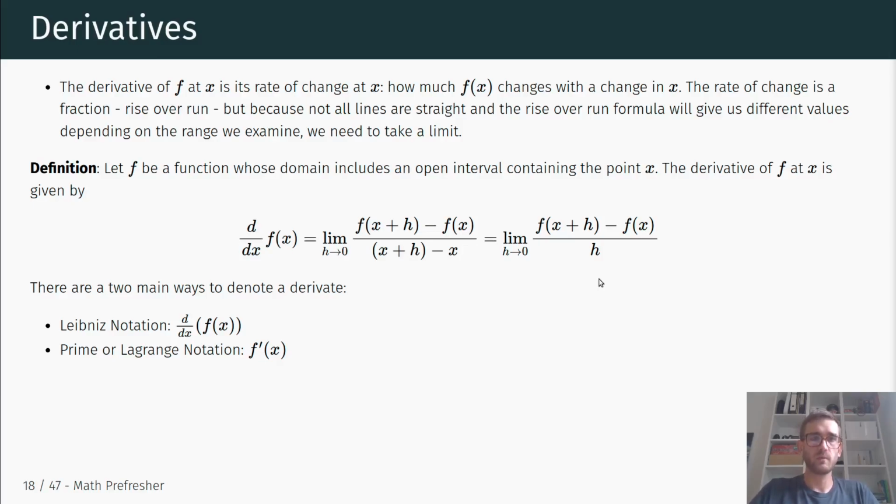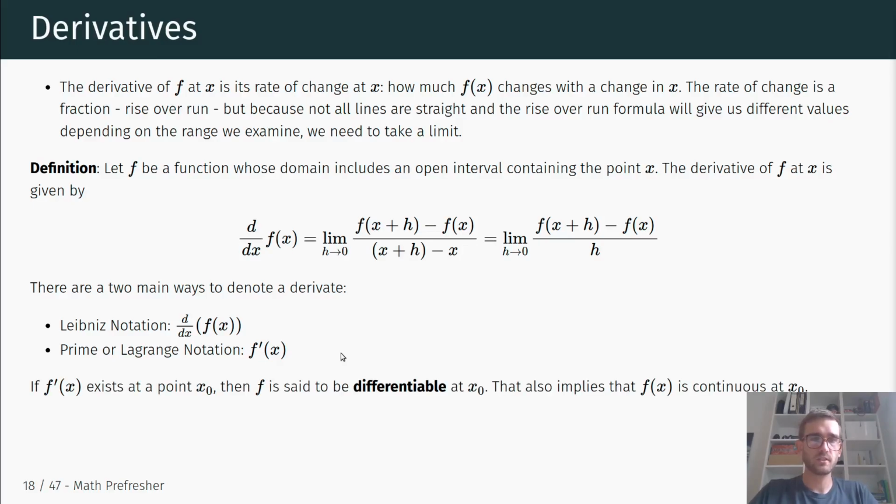There are two main ways to denote this derivative that we'll see in textbooks. One is the Leibniz notation, which I already introduced here: d dx is the derivative of f of x with respect to x. The other is the prime or Lagrange notation, which is just f prime of x as the derivative of f of x, okay?